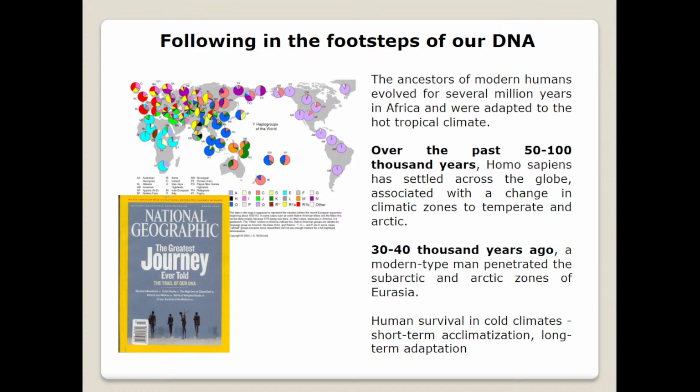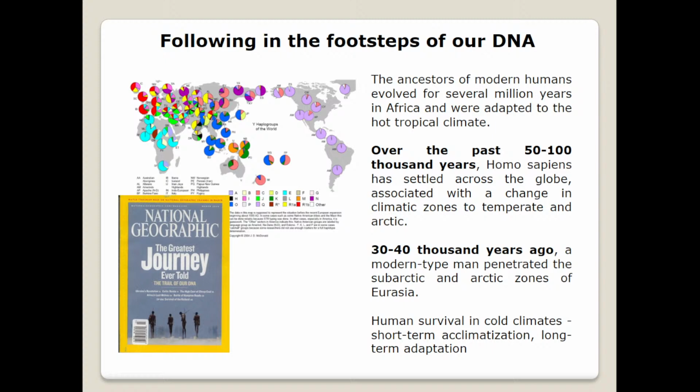And in evolution theory, which now has scientific evidence, we need to think about the past 50, 100,000 years, when Homo sapiens settled across the globe, associated with a change in the climatic zones to temperate and Arctic.